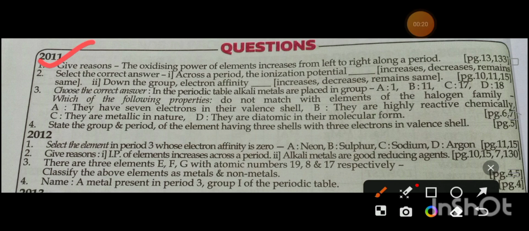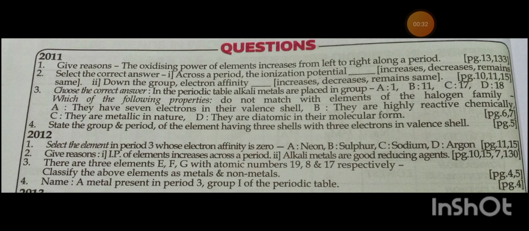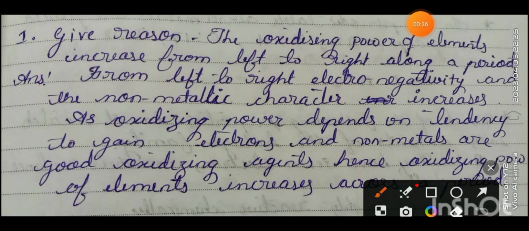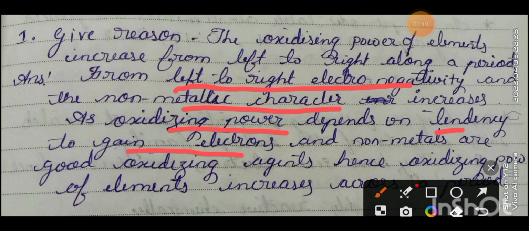Give reason: the oxidizing power of elements increases from left to right along a period. So why does the oxidizing power of elements increase from left to right in the periodic table? The reason is that from left to right, electronegativity and the non-metallic character increase, as oxidizing power depends on the tendency to gain electrons.